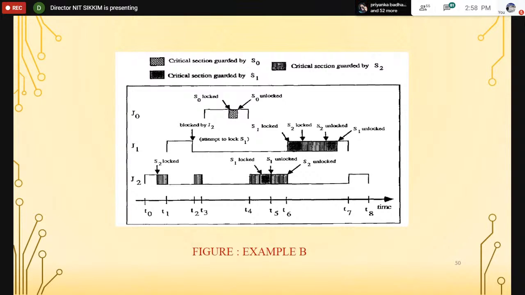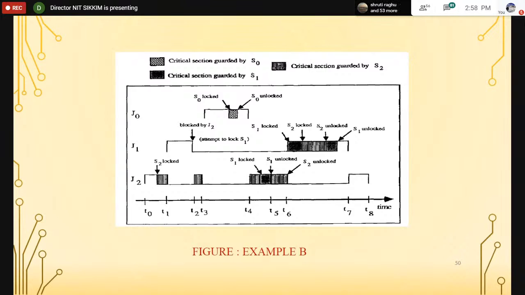So how is this going to be solved? Now if the priority ceiling assigned to S2 and S3 is 1, then when J3 is executing and locks S3, J2 comes and requests the lock on S2.